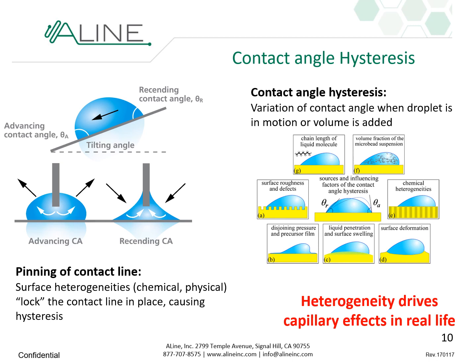Depending on the molecule itself, this can be driven by surface roughness, by chemical heterogeneities, by something diluted inside the droplet, or a variety of components. The key take-home message is that heterogeneity drives capillary effects in real life. You're rarely going to get back to the contact angle equilibrium. You're always going to have to deal with imperfections getting in the way and potentially influencing the results of what you're looking at.